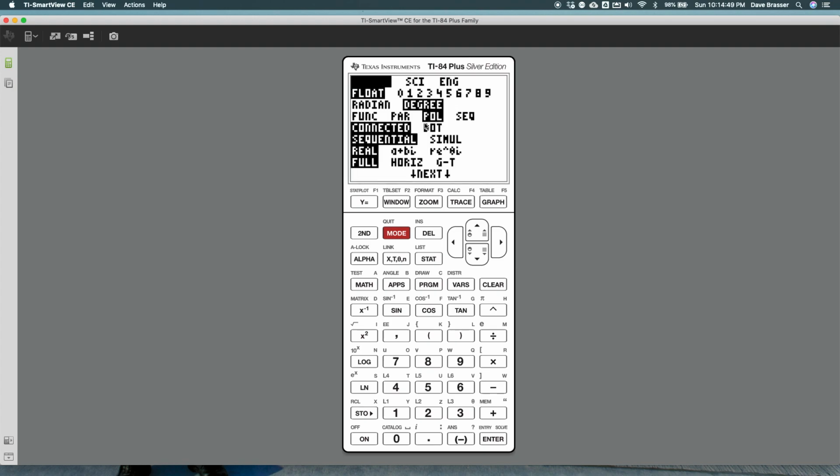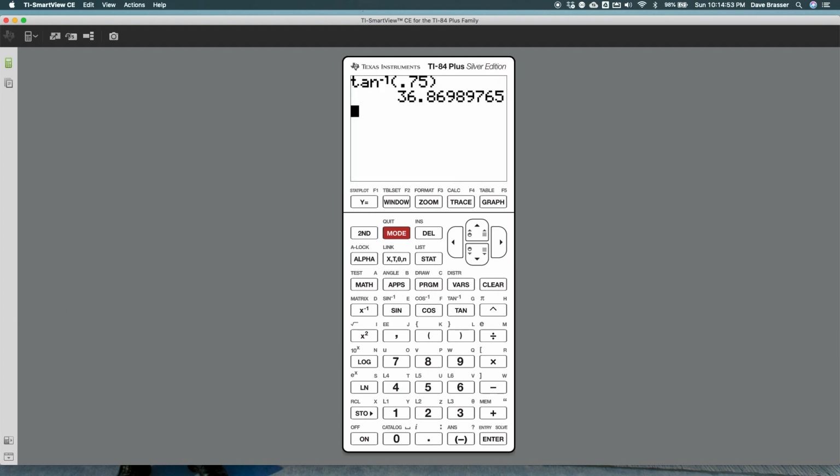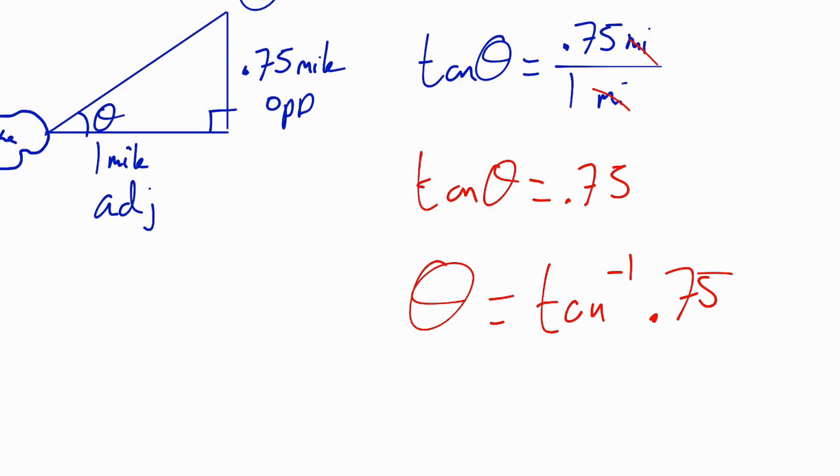Go to mode, still in degree mode, we're good to go. I think it asks us to round to the nearest degree. So 36.86, that's going to round up to 37 degrees. Let me bring up the notes again. There we go. So we're going to say theta equals 37 degrees.